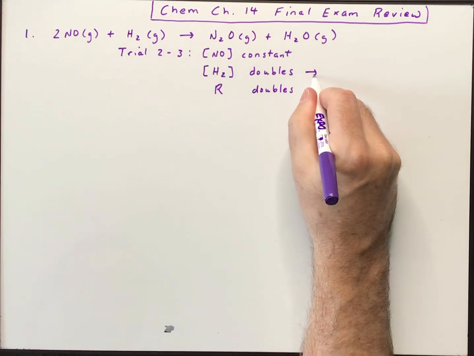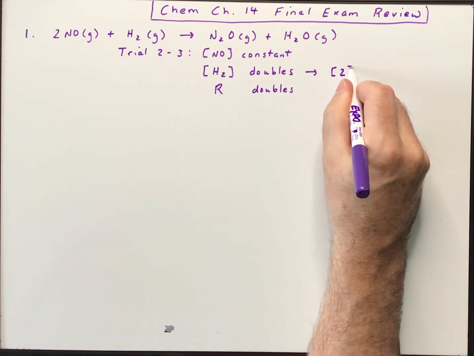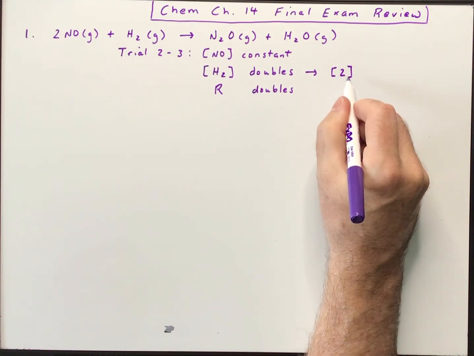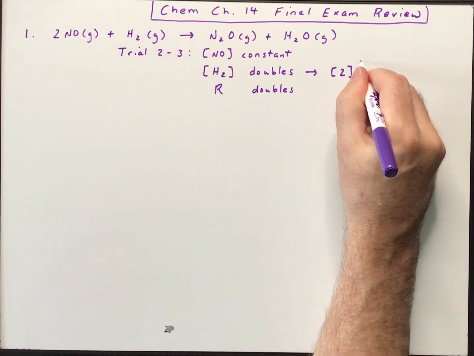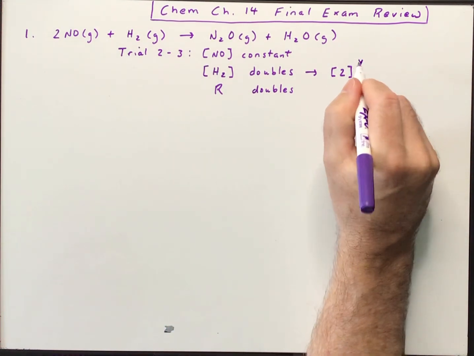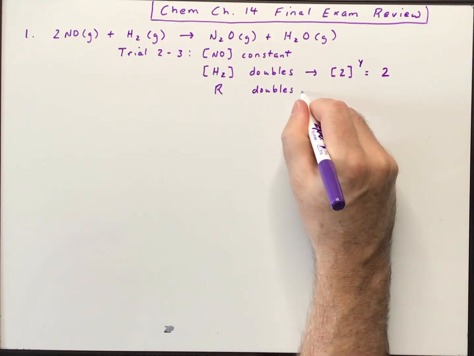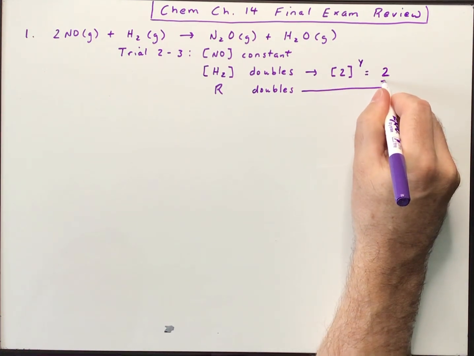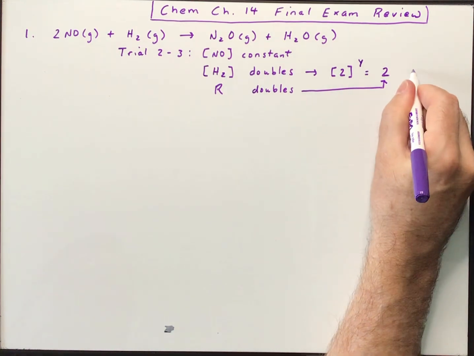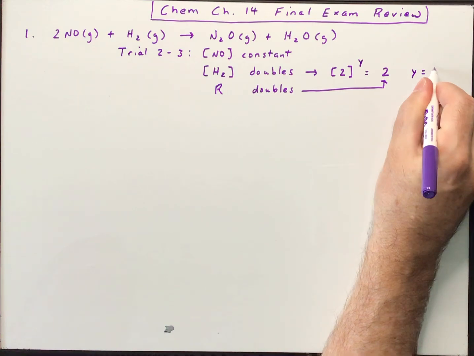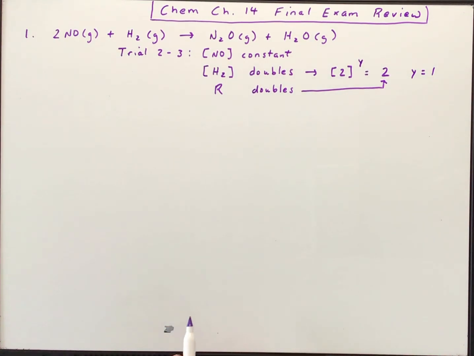So when something doubles, that's like saying the concentration of 2, because the concentration doubled. Now, we're looking at H2, the second reactant. The exponent that goes with the second reactant is Y, and the reaction rate doubles, so that's also a 2. So 2 to the Y is equal to 2. Y then would be 1. 2 to the first power is equal to 2.